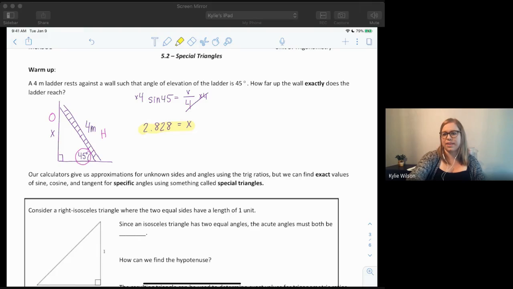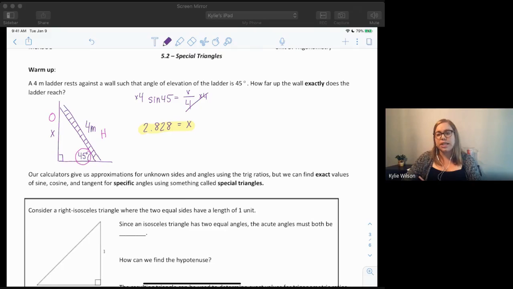Okay, so now our calculators give us approximations for unknown sides and angles using trig ratios. When I say approximations, I mean a decimal. So when I get this answer, I'm getting a decimal here. But we are able to find exact values for sine, cosine, and tangent for specific angles.